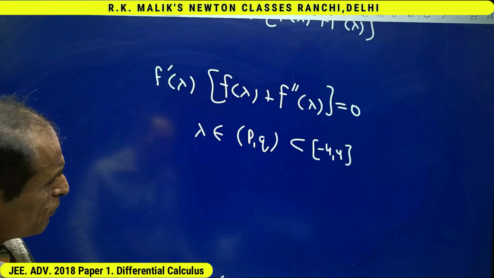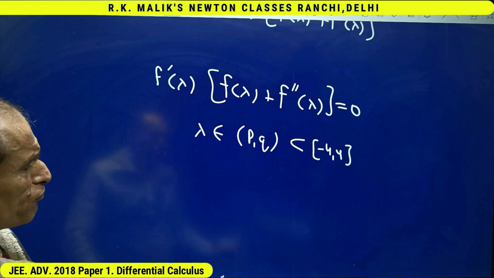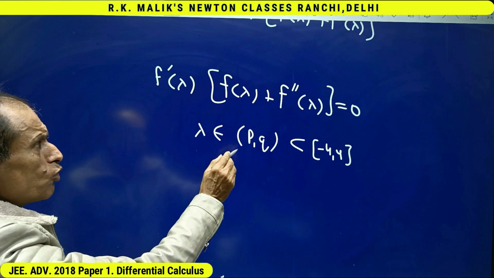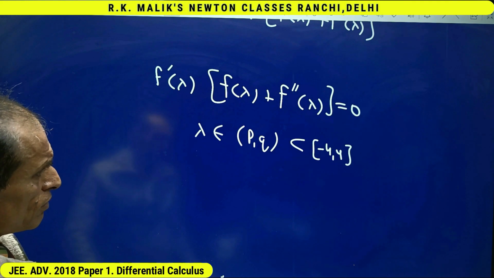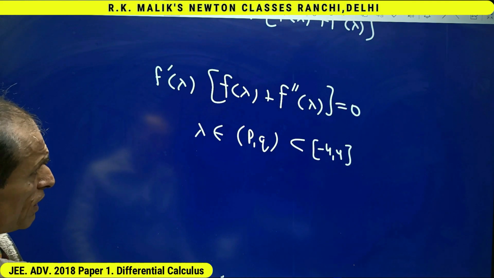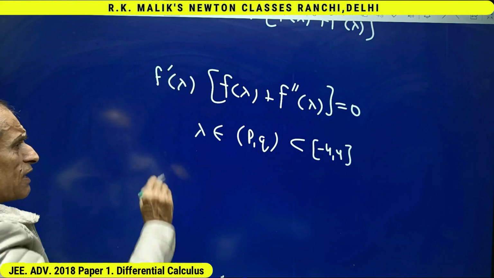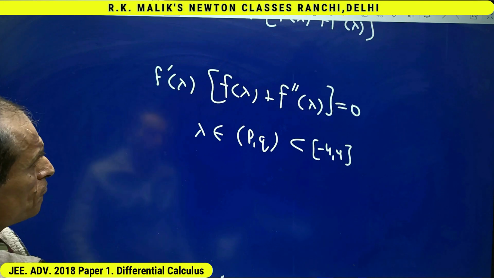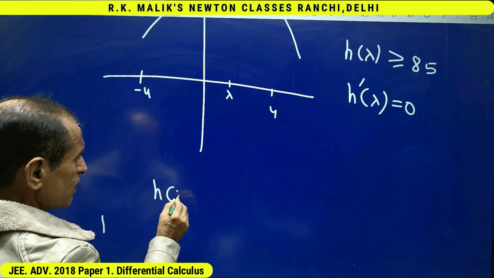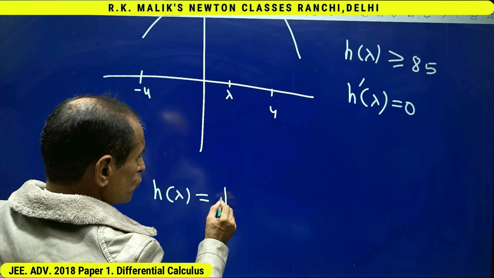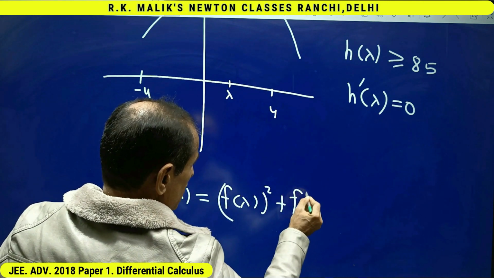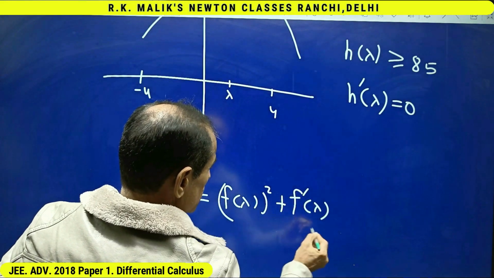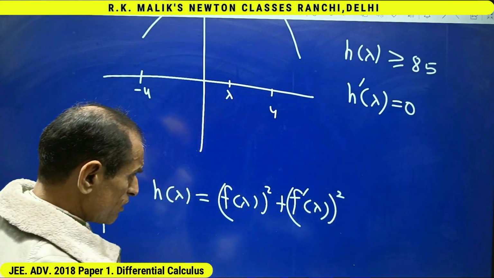-4 to 4. And because I told that between P and Q the value of h(x) is always greater than 5, and keeping this in mind, f dash lambda cannot be 0, because h lambda is known to us that it is f lambda square plus f dash lambda square.